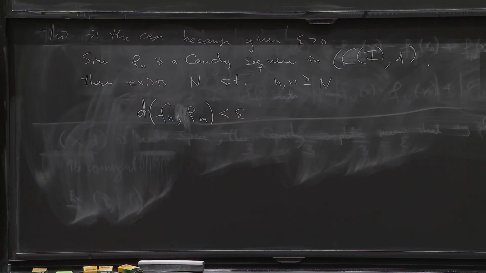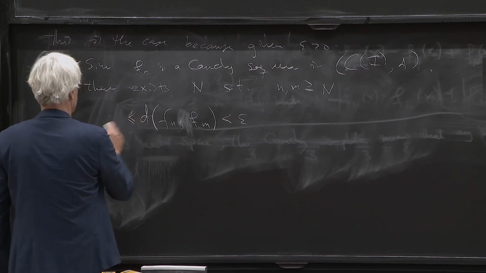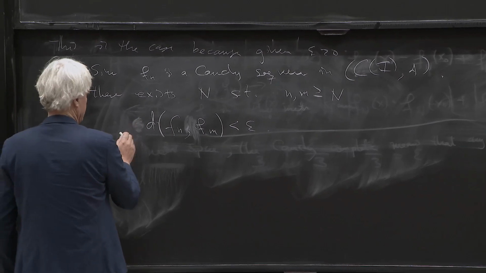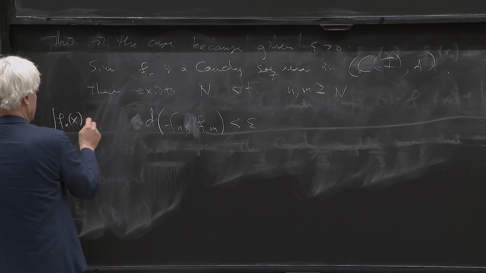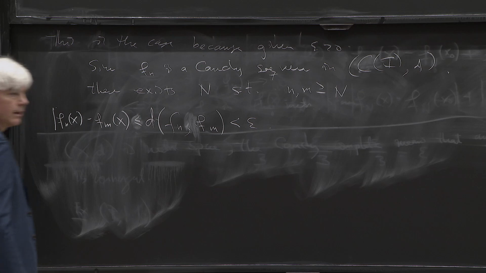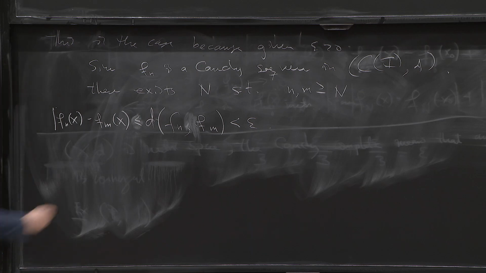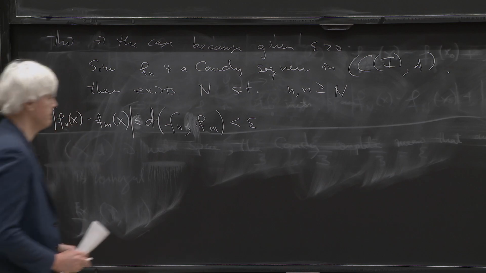This is because they were a Cauchy sequence. And this thing here is the maximum, so it is bigger than when you evaluate it at just one point. And so this proves that, when x is fixed, fn of x is a Cauchy sequence of real numbers.